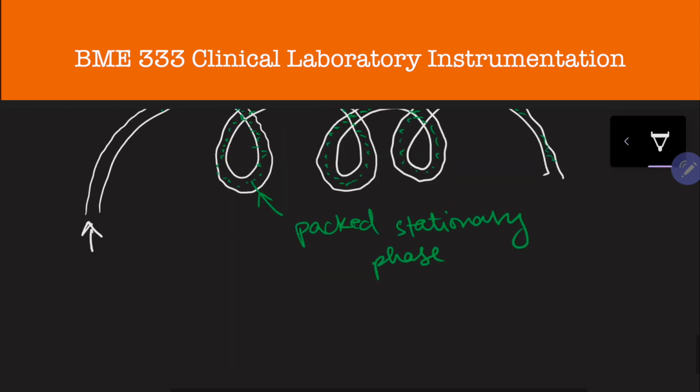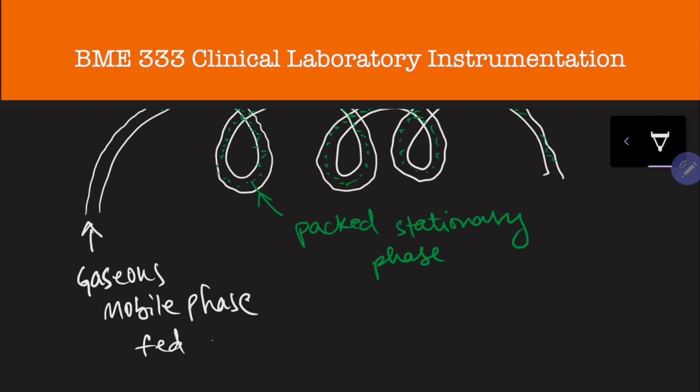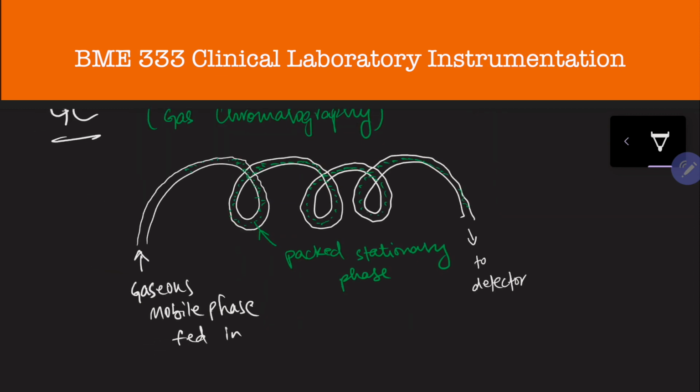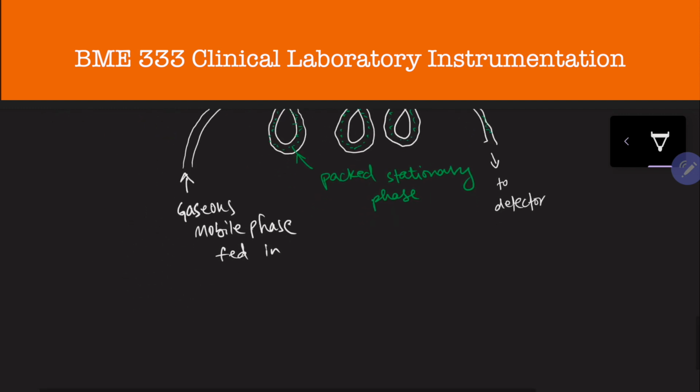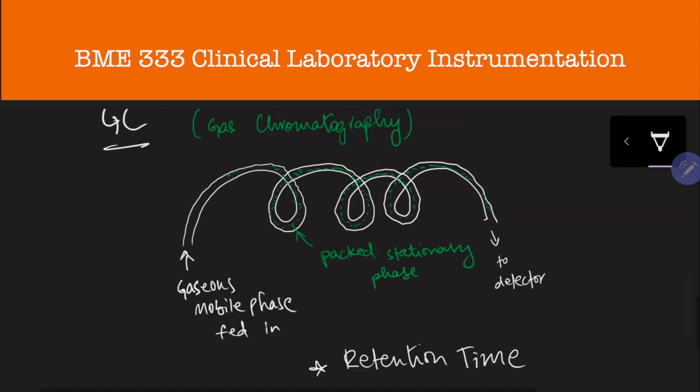While in TLC we found a ratio between the distance traveled by the dye and the distance traveled by the solvent, and called it the retention factor, in gas chromatography we are interested in the retention time, which is the time it took for the gas to travel through the stationary phase, or through the coil. So we are more interested in times when it comes to gas chromatography.